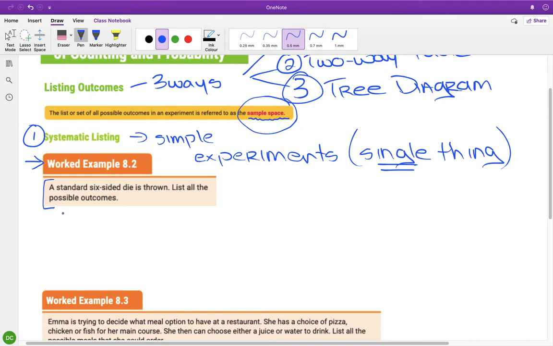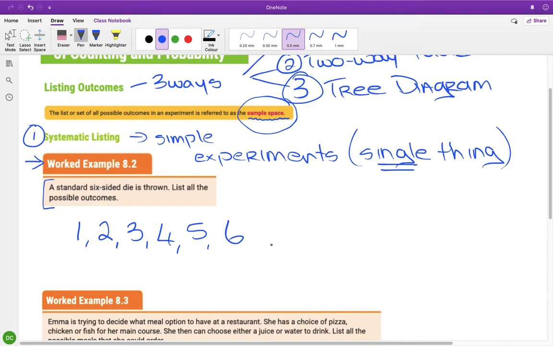So die is the singular of dice. I always get this confused, but if you take a die and you roll it, what could you possibly land on? You could land on a 1, you could land on a 2, you could land on a 3, a 4, a 5, or a 6. Yeah?